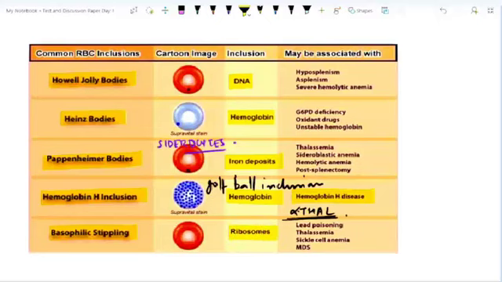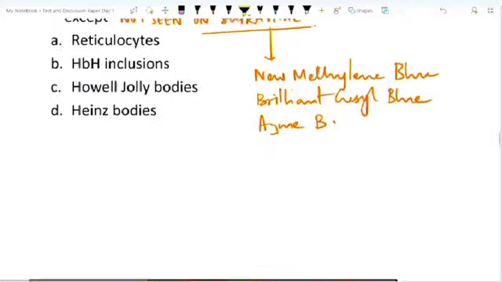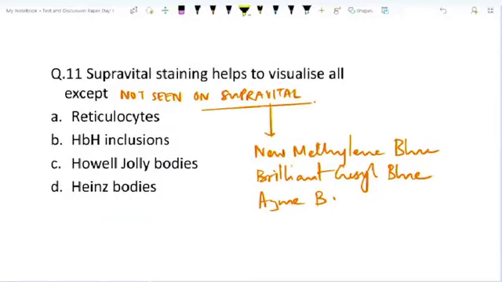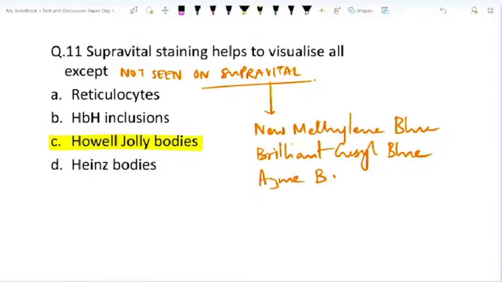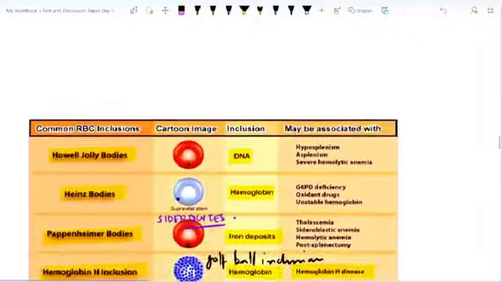I hope you can appreciate tiny dot structures. So for this also I do not need special stain. Another one here is reticulocytes, and we already know that we need supravital stain to visualize reticulocytes. Howell-Jolly bodies is the answer here because I do not need supravital to see Howell-Jolly bodies.